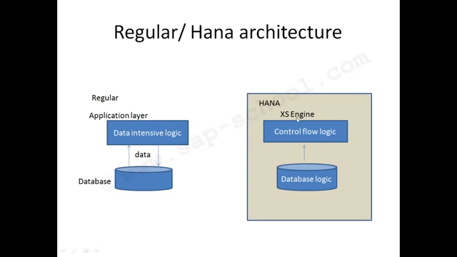Versus in HANA, where you have the access engine, which is the application server, it is a small layer compared to the database, because most of the data-intensive logic is done in the database, and we need only a very small layer for control flow logic. That's why the application layer in HANA is called the access engine, also the extra small engine. The other name for it is extended services. So we need a very small layer for control flow logic in HANA.